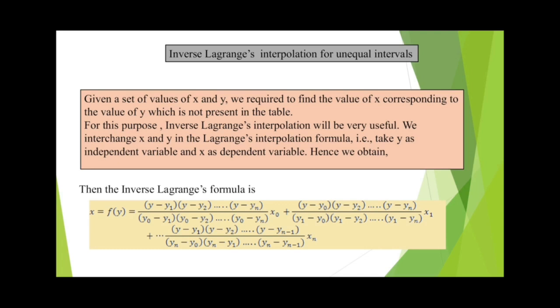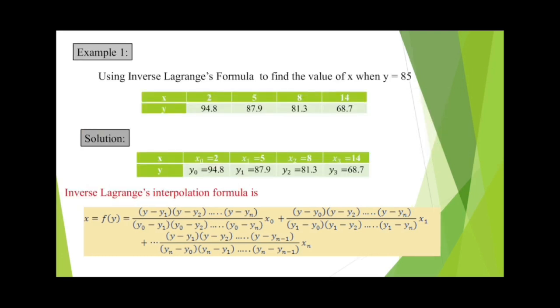Here the expression is written as x equal to f of y instead of y equal to f of x. Using this formula, we can calculate the unknown x value corresponding to a given y value even when the data points are at unequal intervals. This is the basic concept behind inverse Lagrange's interpolation. In the next example, we will see how to apply this formula step by step.